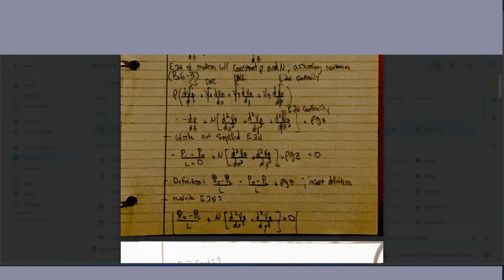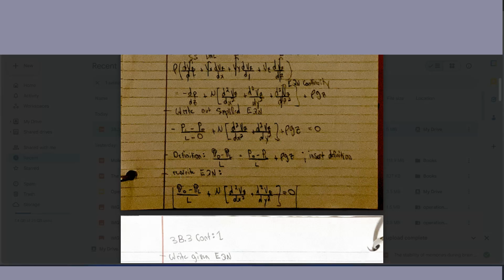And we can see here that equals modified pressure 0 minus modified pressure L divided by L. So yeah, that's the derivation for modified pressure. You just rewrite the equation, inserting this definition for these two terms here, and you get that.